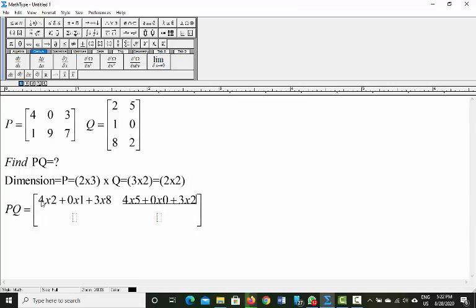If you can write the first row carefully, then the remaining rows will be much easier for you. In the remaining rows, whatever you have after multiplication will sit as it is.